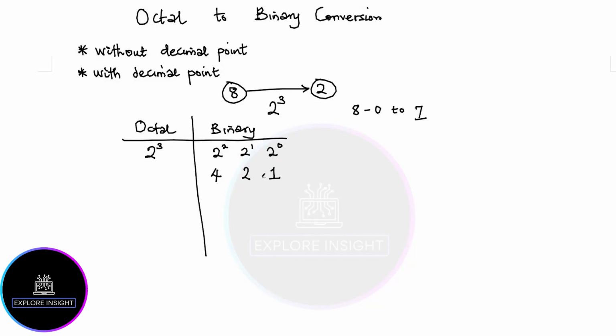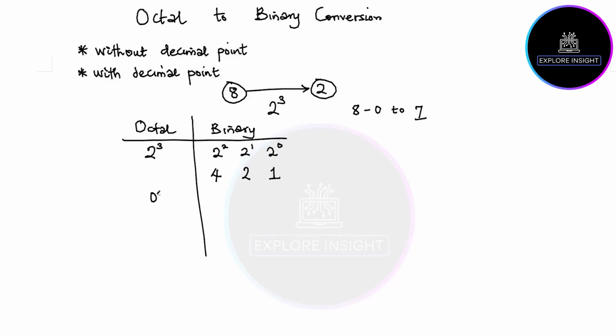Now, if we sum this total, it represents 7, which is the highest digit. So let me put down the different values that occur in an octal number, which is 0 to 7. So we have 0, 1, 2, 3, 4, 5, 6, 7.